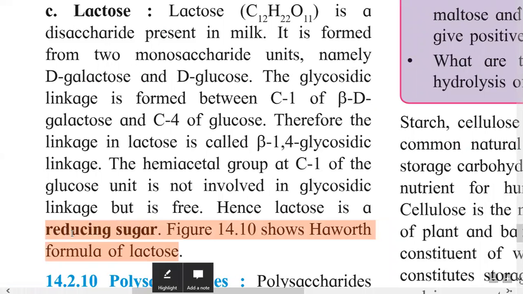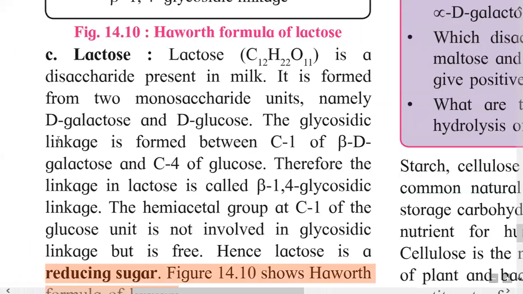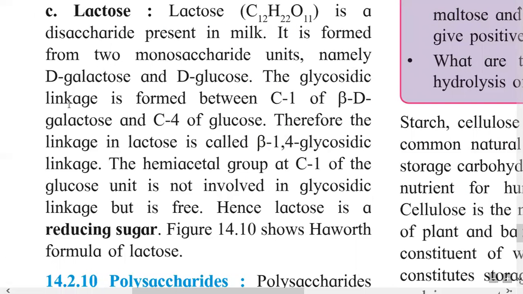Remember this again: out of the disaccharides, maltose and lactose are the reducing sugars, but sucrose is a non-reducing sugar because in sucrose the hemiacetal groups are not free, but in maltose and lactose one of the glucose molecules has a free hemiacetal group, and hence maltose and lactose are reducing sugars.